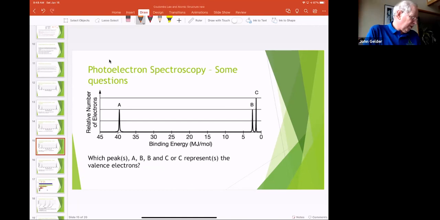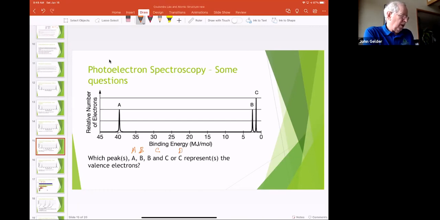So now let's go back to this other question that we have about this particular spectrum. Which peaks, A, B, B and C, or C? So this will be choice A, this will be choice B, this will be choice C, and this would be choice D on Mr. Akampuro's poll.